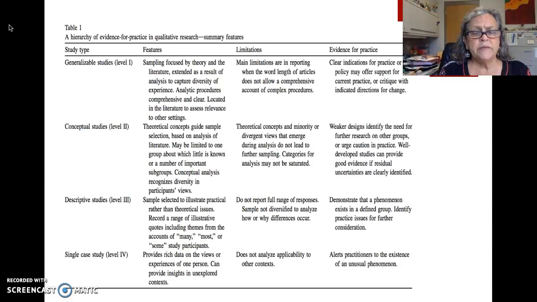This is a table that's a hierarchy of evidence for practice for qualitative research. Actually, I'm sorry, I'm saying qualitative, but this looks like quantitative, so they might have had the wrong word here. Okay.